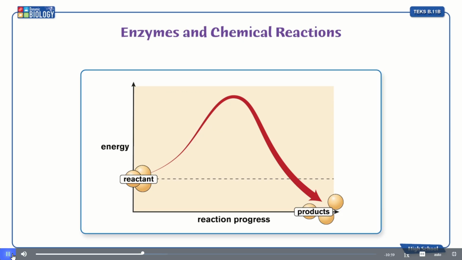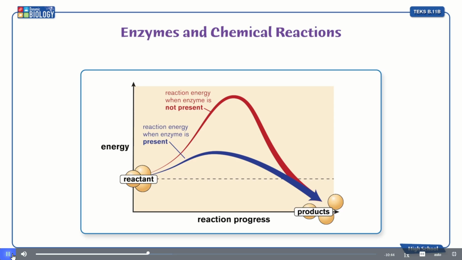In this case, this red arrow represents the amount of energy it takes to complete our chemical reaction when there is no enzyme around to help. And this blue arrow represents the amount of energy it takes to complete the same chemical reaction when the enzyme is present.